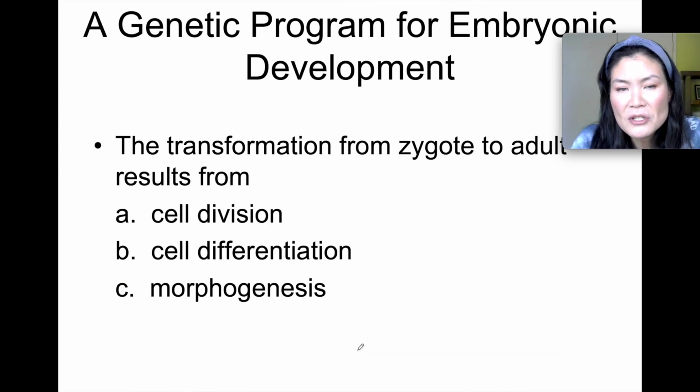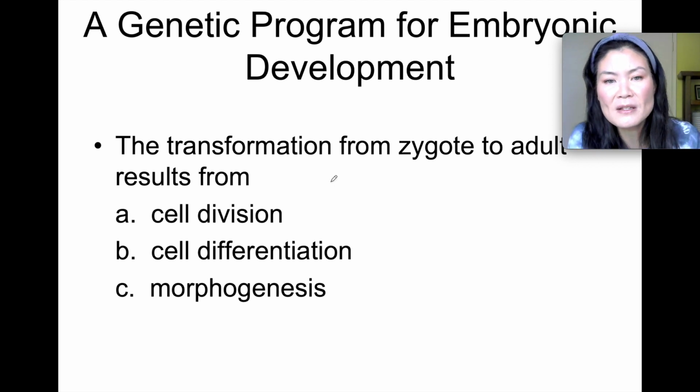Well, the genetic program for embryonic development is the transformation from a zygote to an adult, and it happens in 3 ways: by cell division, cell differentiation, and morphogenesis, okay? So when we go from a zygote, a single cell, it's dividing by cell division, right?